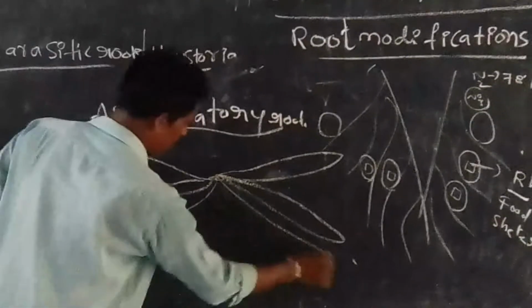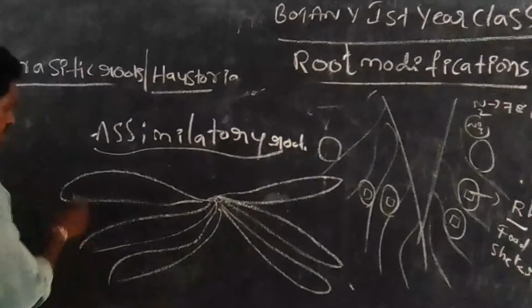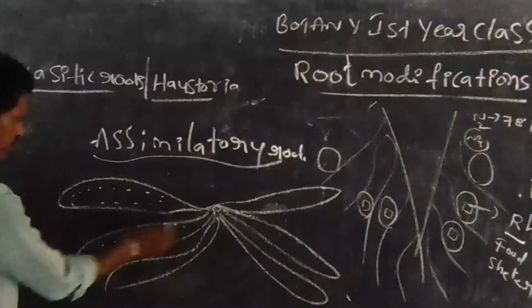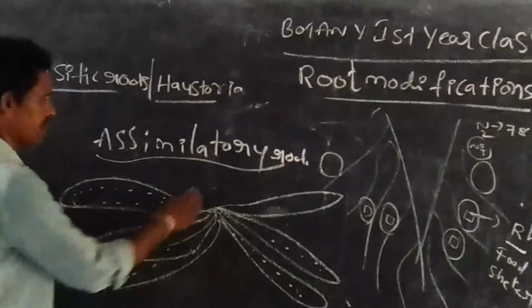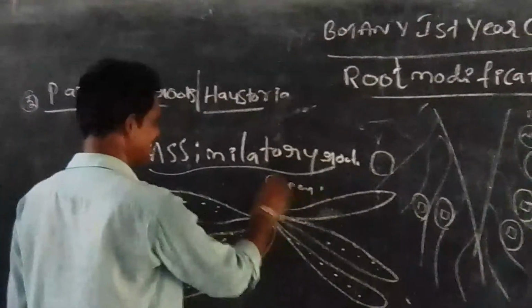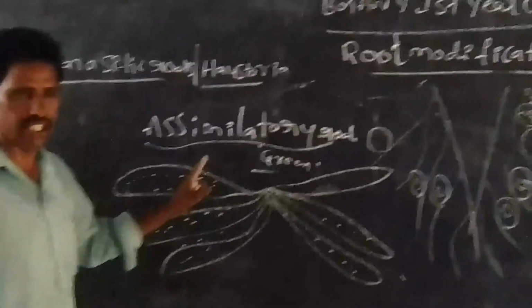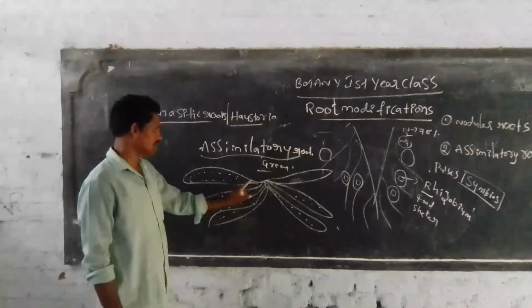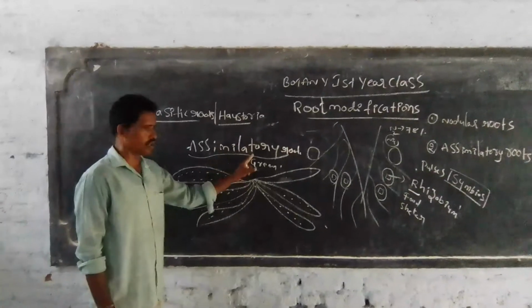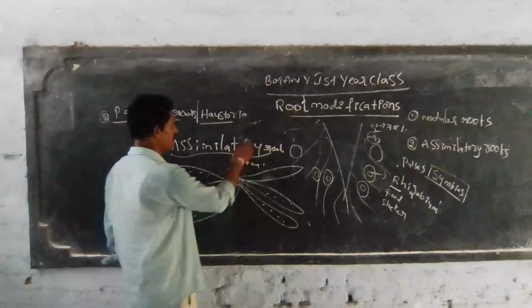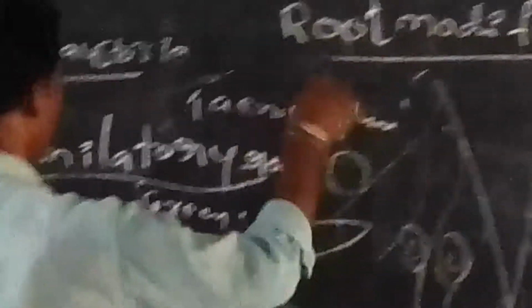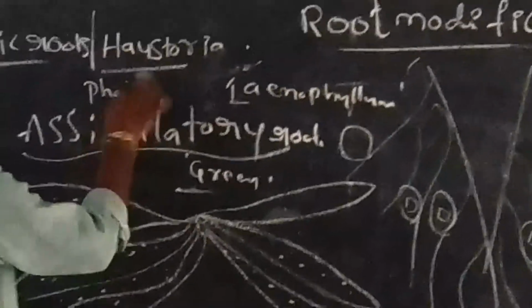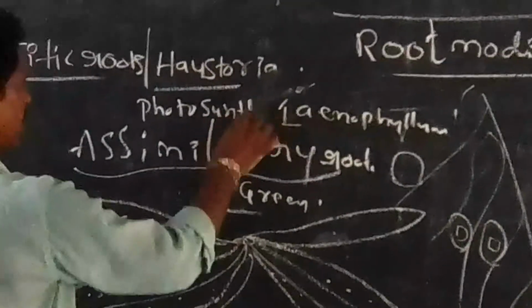The plants are stemless and leafless, with only roots. The roots perform photosynthesis because they are green. These roots are called assimilatory roots, also called photosynthetic roots. The example is Taeniophyllum.